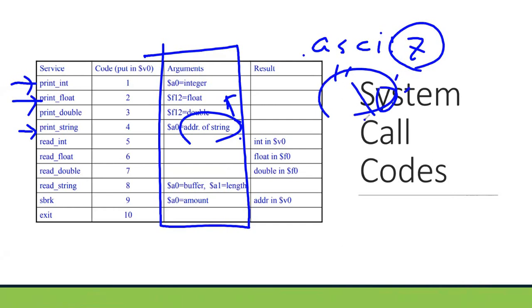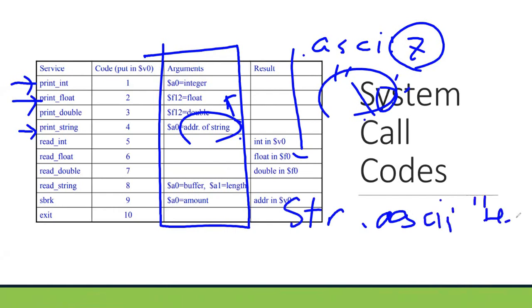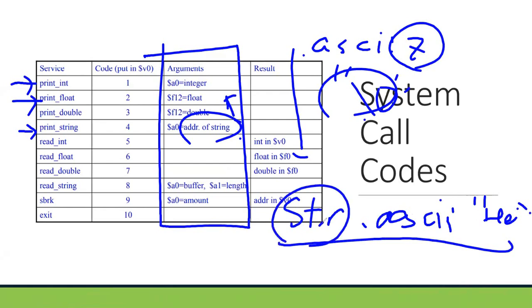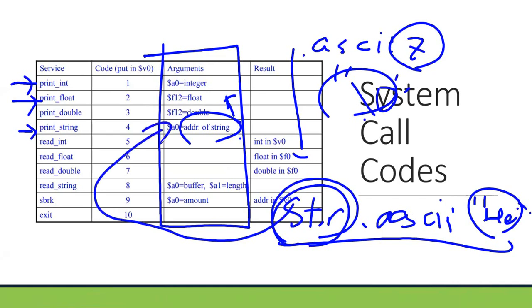Is that okay, Eric? Remember that you have that string str with .ascii, and then you put hello or something there. So you can declare a string with the address str. But the address str needs to be loaded to A0 before you call system call number 4.